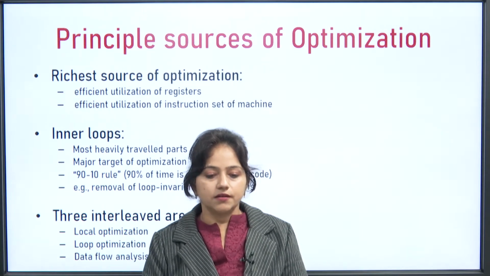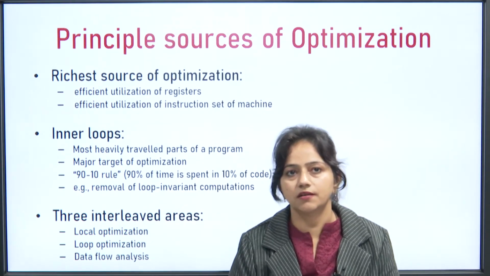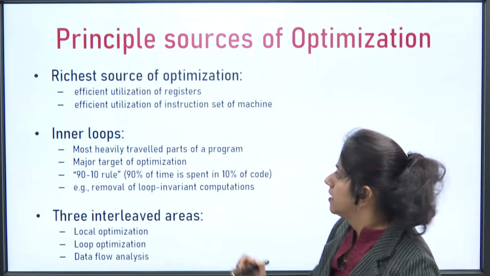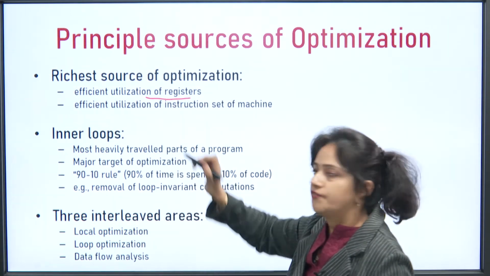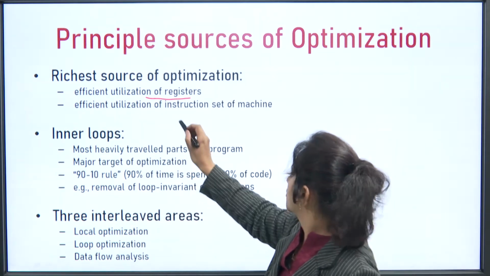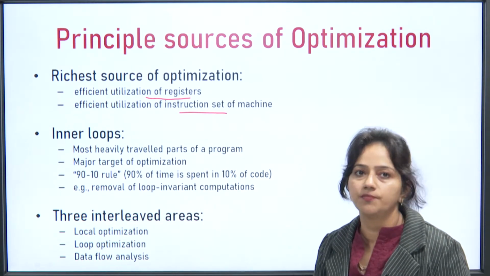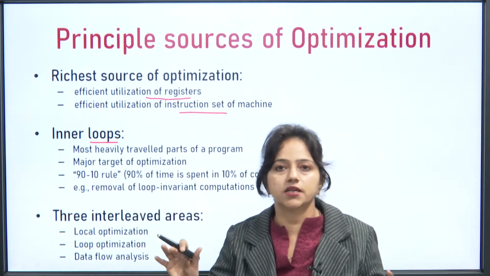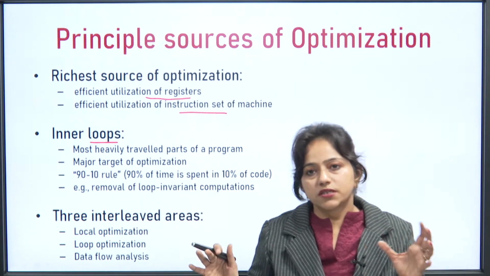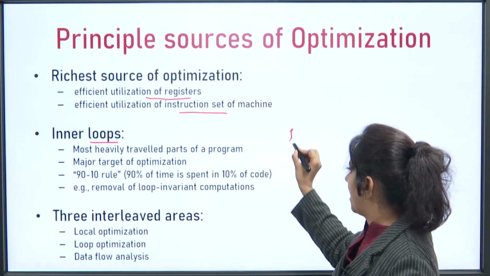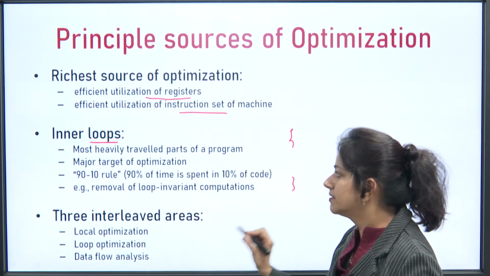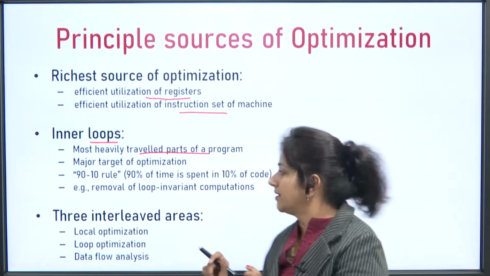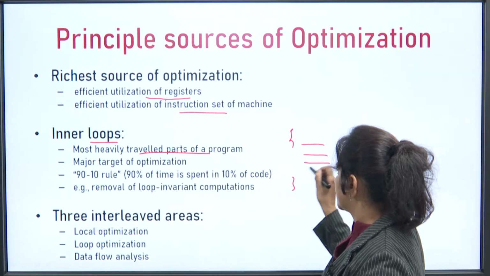Now, other sources for optimization: the richest source for optimization is the efficient utilization of registers and efficient utilization of the instruction set of the machine. Now, the inner loop. If we talk about any program, the most important section is the loop, because the heavily traveled part of the program is the loop. The loop will have many statements in it.